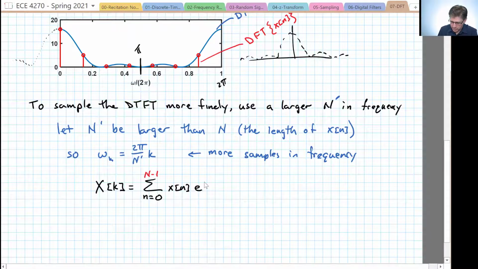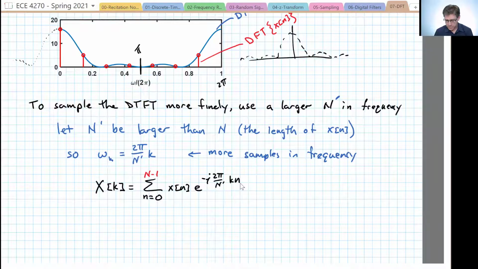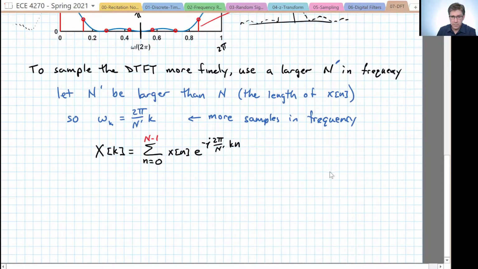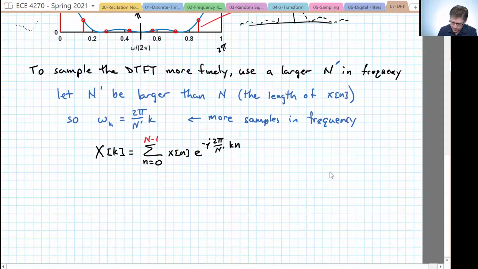But we will have e to the negative j 2 pi over n prime kn. So there we have it. That doesn't give us a whole lot of insight though, does it?